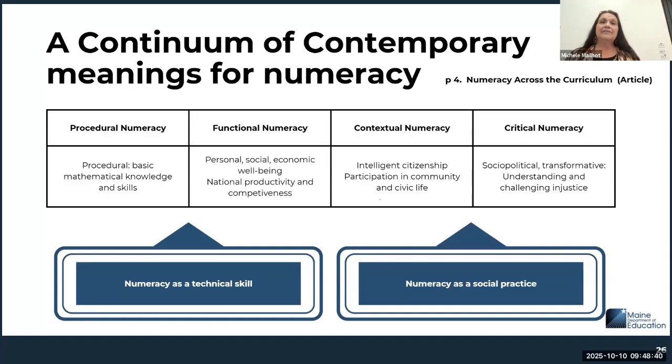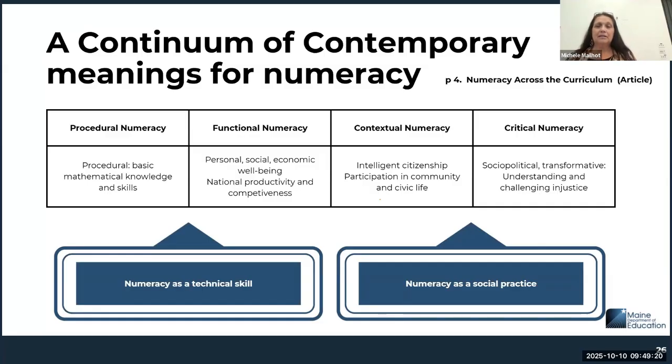And so I may take information and use that knowledge to change policies that we see may not be accurate, change funding formulas and things like that so that it serves the better good. And so this is numeracy as a social practice. So I want you to take a few minutes and think about this different way of considering numeracy through this continuum, where you have procedural, functional, contextual, and critical numeracy.